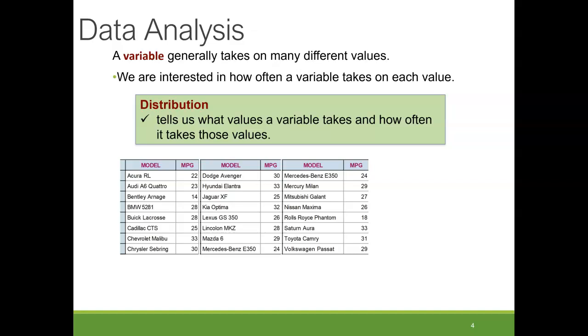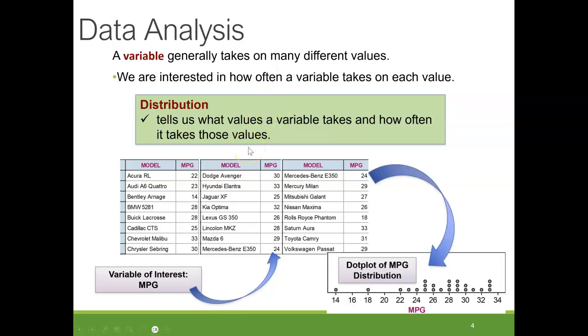So, for example, we have a survey of gas mileage for different models of vehicles. Our variable is the miles per gallon. One way we could draw the distribution is using what's called a dot plot.